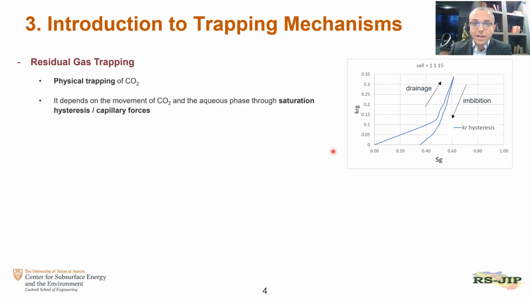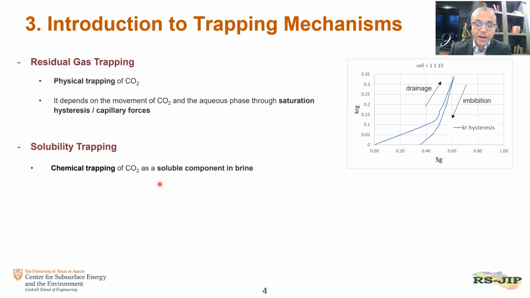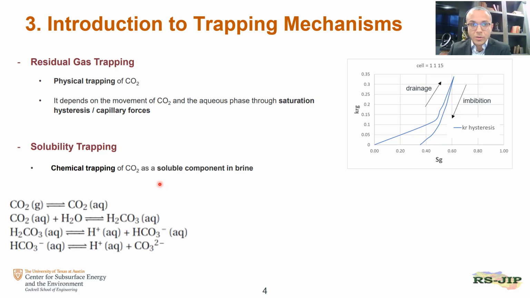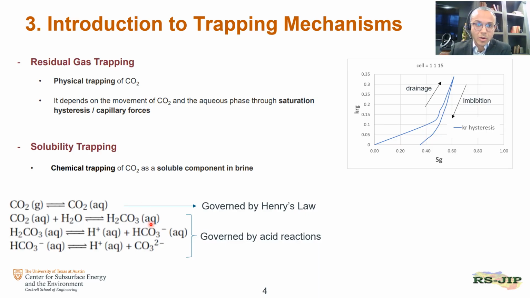Another important mechanism is the solubility trapping. The solubility trapping models the CO2 as a soluble component in brine through equations based on Henry's law and through acid reactions to model the CO2 ions like bicarbonate and carbonate.